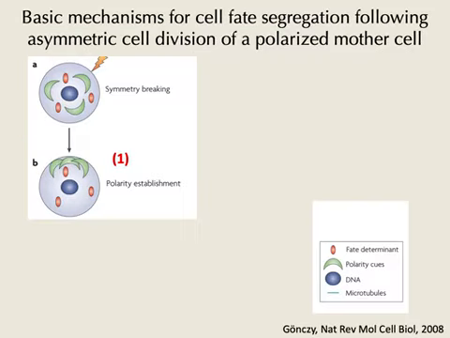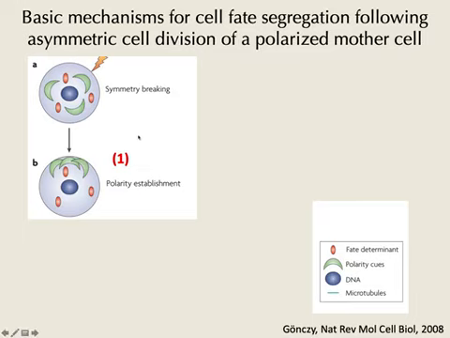So now let's look at the mechanism from a bit of a conceptual perspective. And we can break down the establishment of polarities and asymmetries and their consequences into these simple steps I'm going to highlight here.